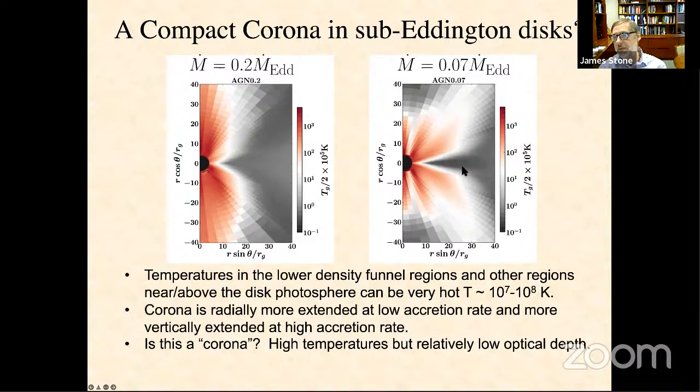Again, in agreement with observations of, say, Seyfert galaxies. They don't appear in the super-Eddington flows because the photosphere is confined to the polar regions and most of the flow is optically thick. But at the low luminosity where the photosphere is much closer to the equator, that's where we see the emergence of these corona.